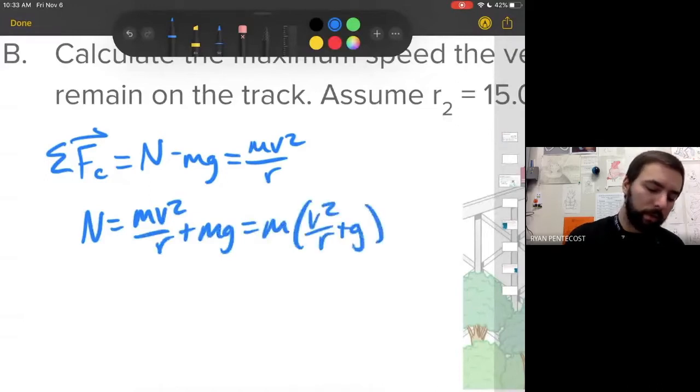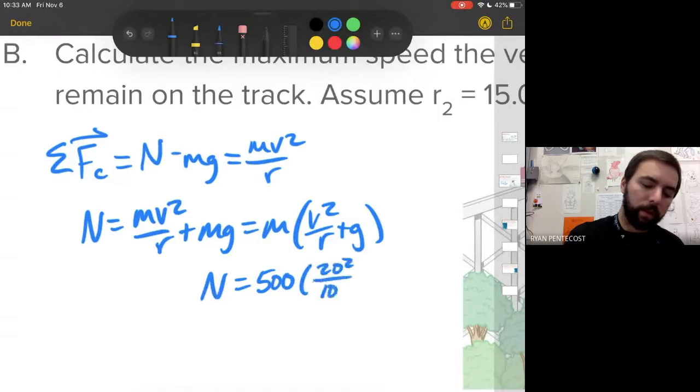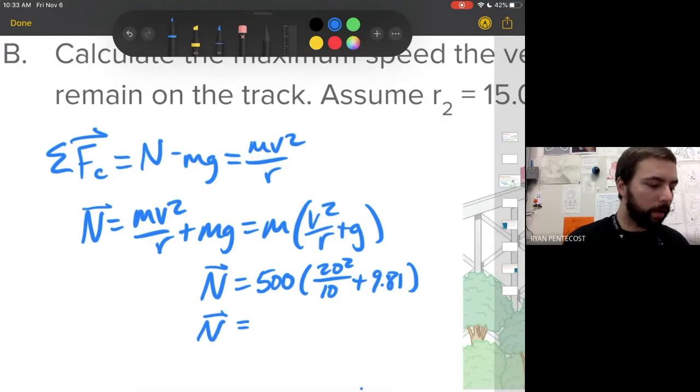We have all those variables. Let's plug them in. We've got a mass of 500 times this velocity of 20, squared, divided by the 10 meter radius, plus 9.81. So if we do that math, we get 24,905 newtons, right?